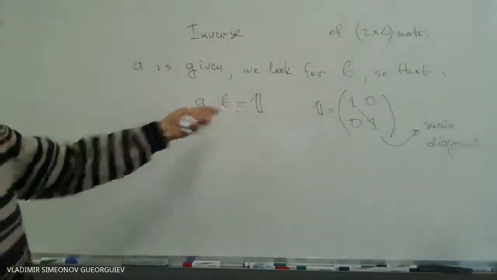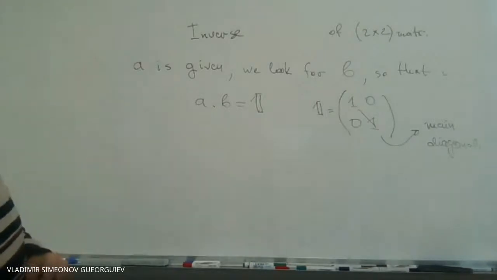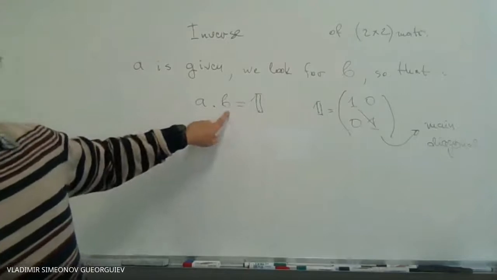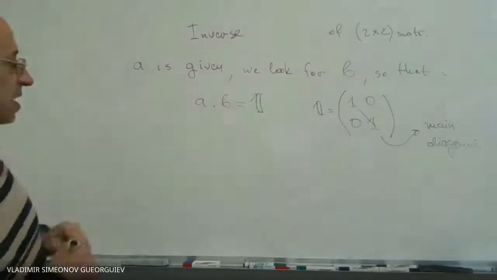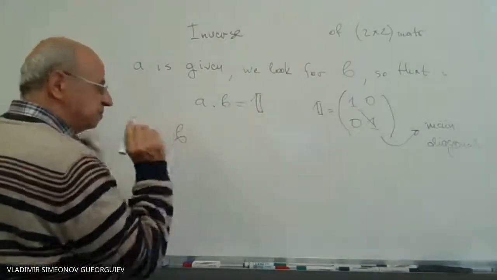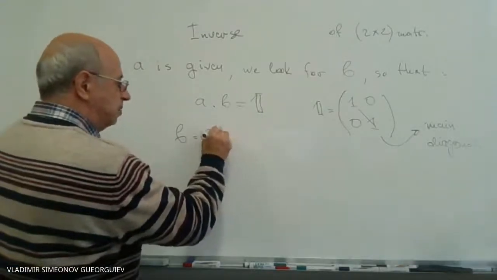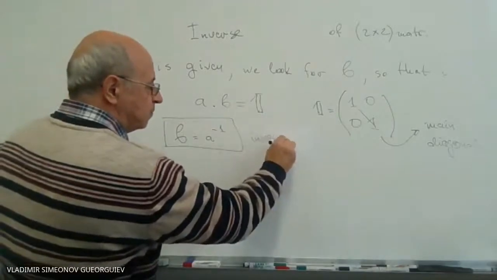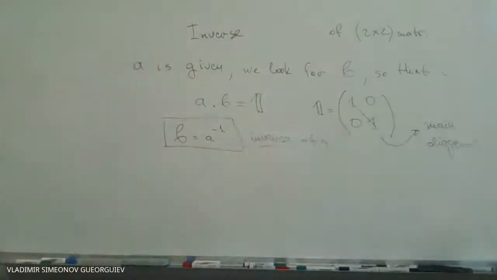If you find such a matrix, this simply means, as in the case of real numbers, if you have A times B equal 1, then B is A to the power minus 1, or 1 over A. In this case, if B exists, we call B A to the power minus 1, and this is the inverse of A. It is quite simple, quite useful.